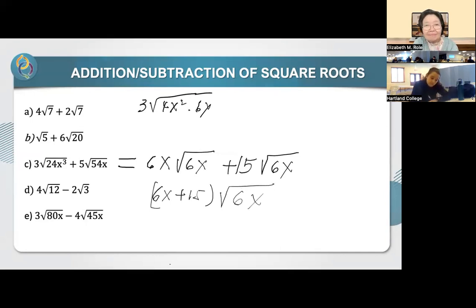But of course, they are of the same square root of 6x. So that will be your final answer: 6x plus 15, group that, and multiply by the square root of 6x. Is that okay? You can just ask questions if you have any.